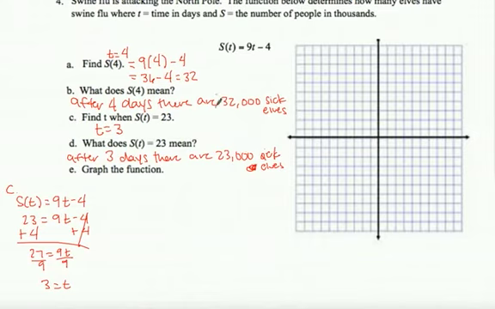And I know that there has to be 23,000 sick elves because I have an output equal to 23, which is my s, and that's the number of people in thousands. So if there's 23, that means there's 23,000.